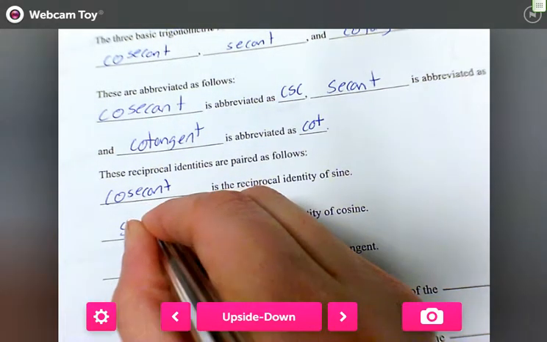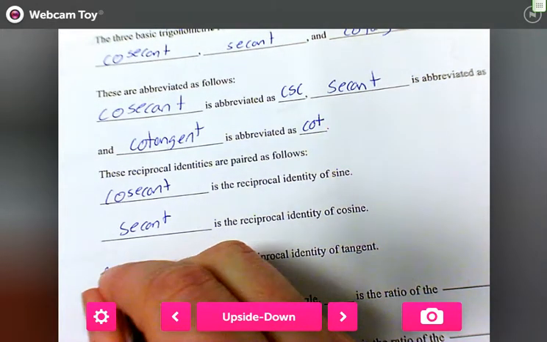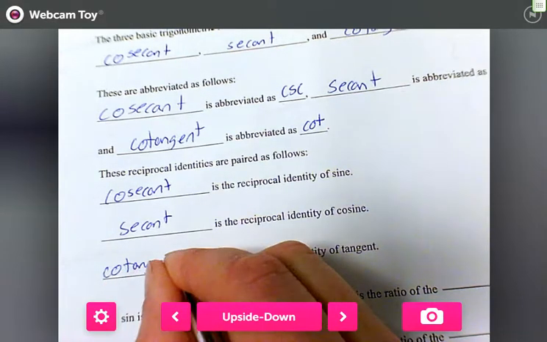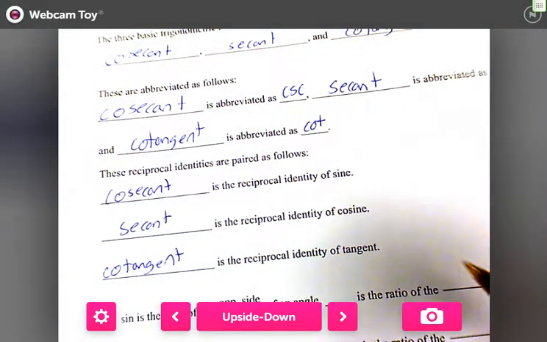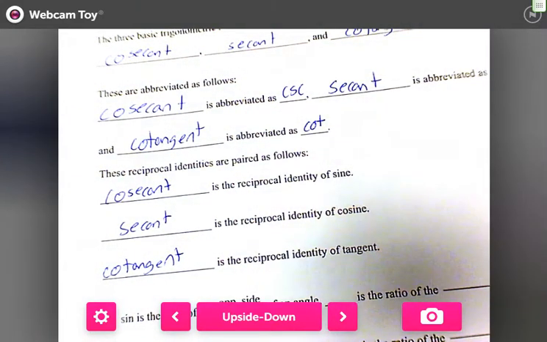And what do you think the reciprocal of tangent is? Cotangent. I can never remember which one goes with cosecant or secant, so you just gotta memorize that. Cotangent I think is kind of easy.